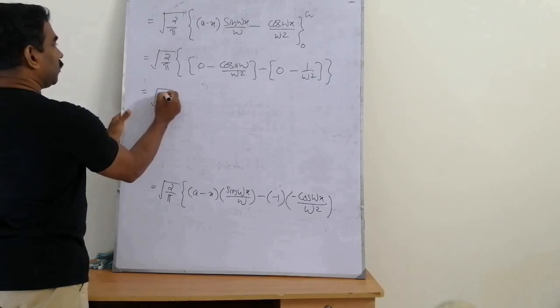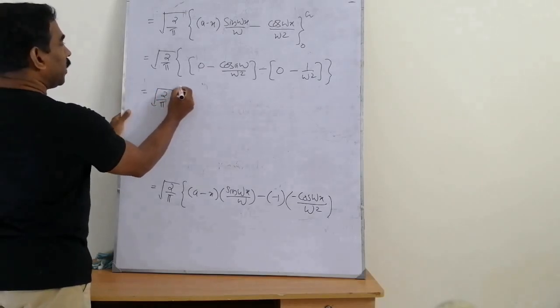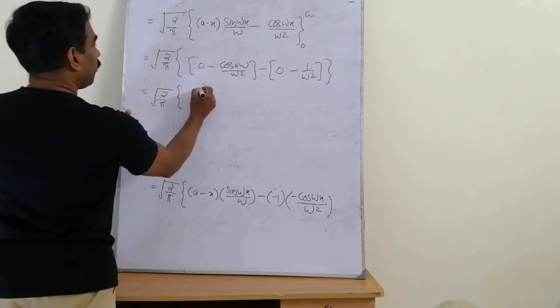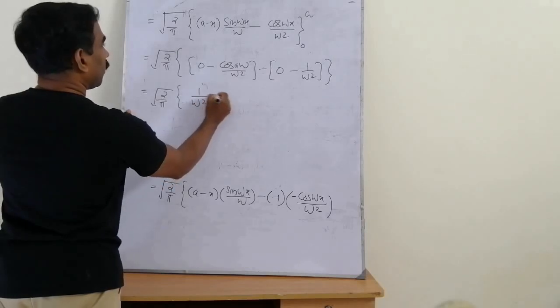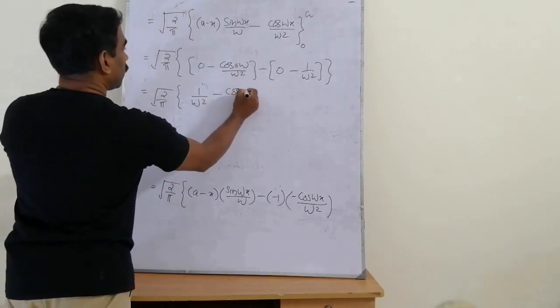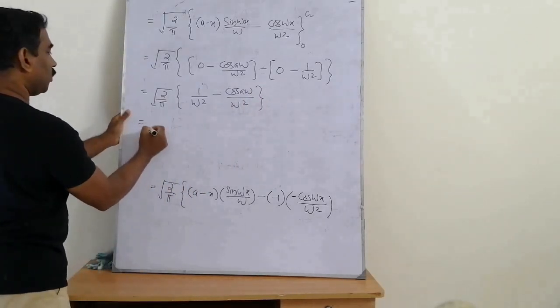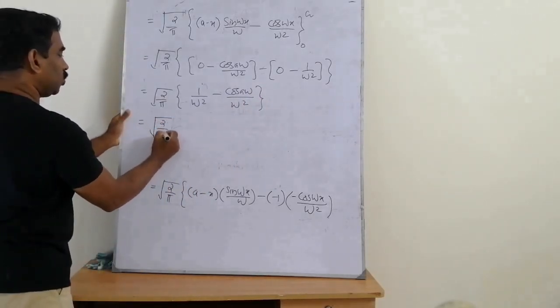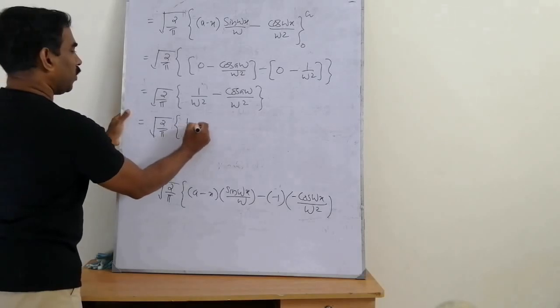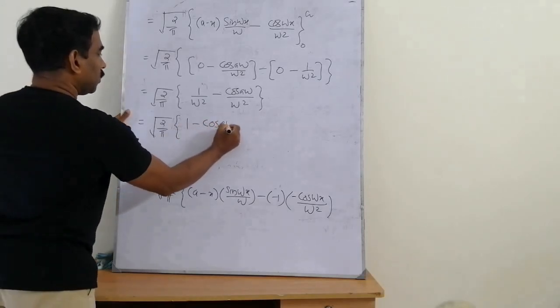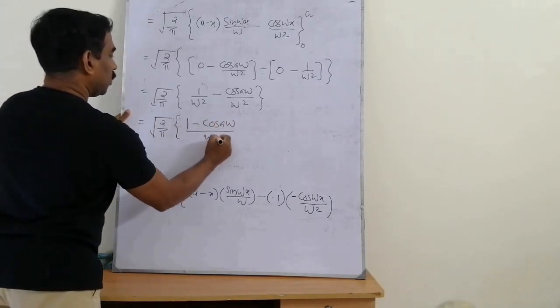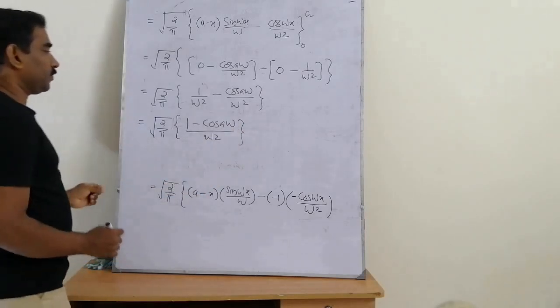This equals square root of 2 by pi into (1 minus cos a omega) by omega square.